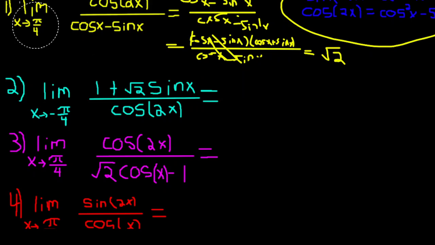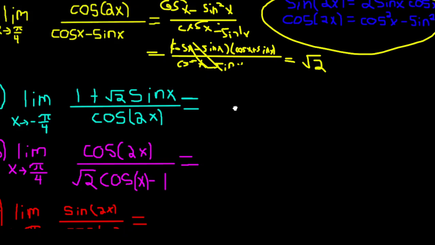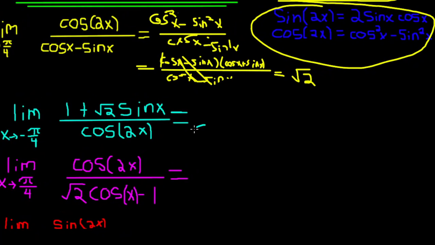Now, you're probably not going to have to do nearly as much work on the AP test. Or any test, really. They're not going to make you do this long of a limit, but I'm just going to show you how it works. So, let's turn this into cosine squared minus sine squared, and that is under this. 1 plus square root of 2 sine of x.